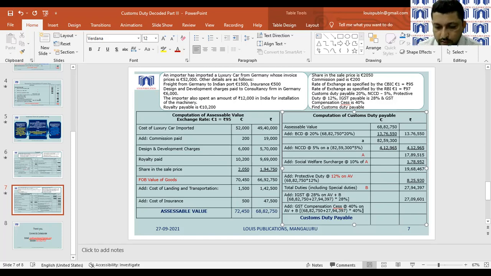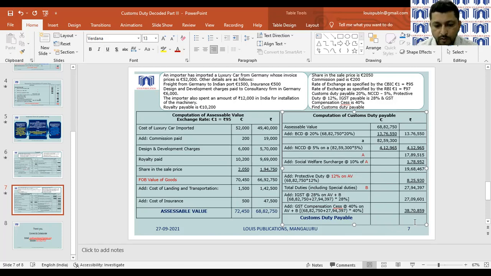So once again, I total 68 lakh 82,750 plus 27,94,397, which is 96,77,147, into 40% will give you 38 lakh 70,859.